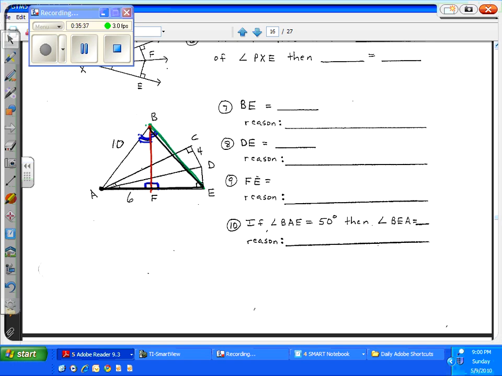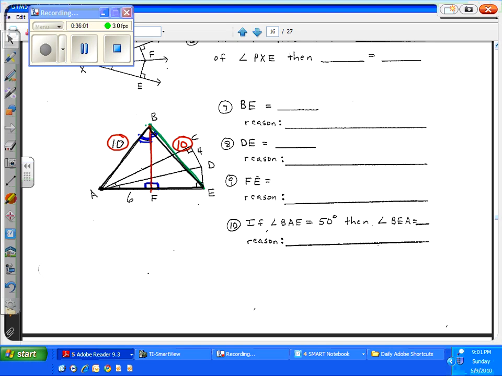We're going to look at this triangle, triangle ABE. Since 2 of the 4 things that could be true in an isosceles triangle are true, then we could conclude that the other 2 are true. In other words, this really is an isosceles triangle. So if that's 10, that's 10.